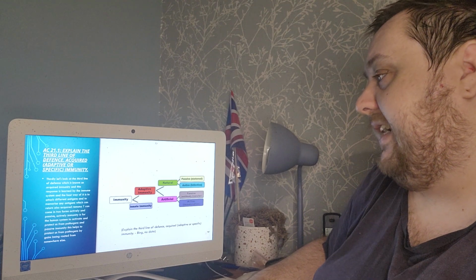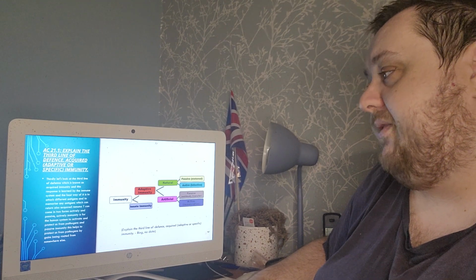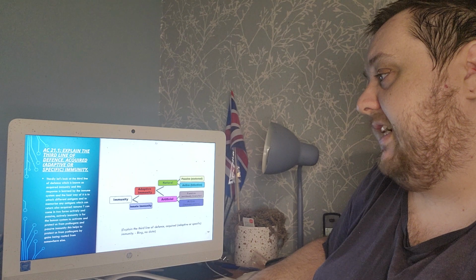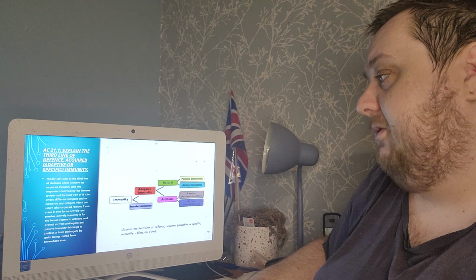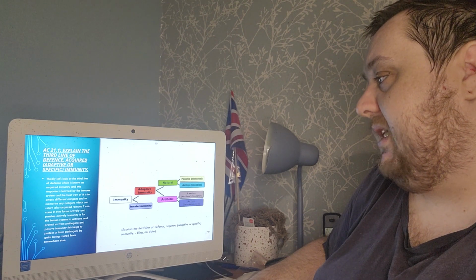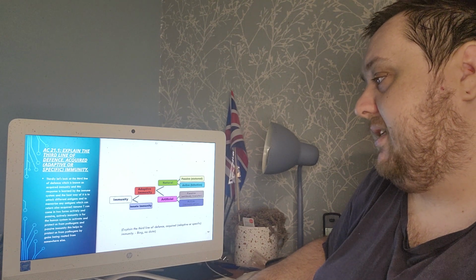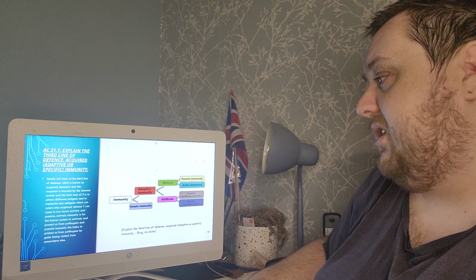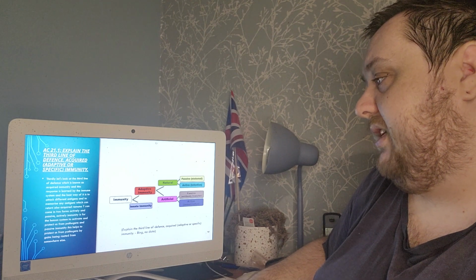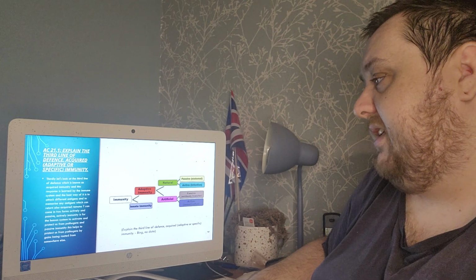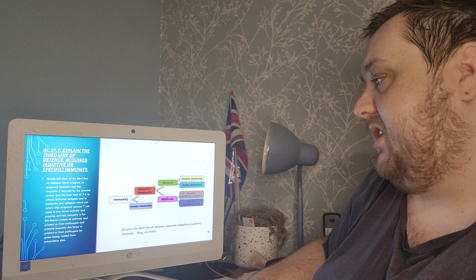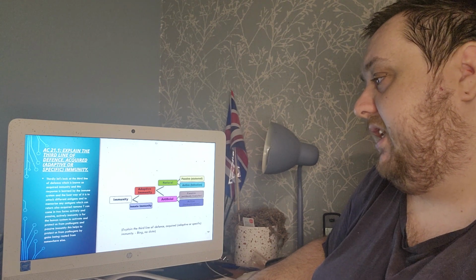Thirdly, let's look at the third line of defence, which is known as acquired immunity, and this response is learnt by the immune system. The best way is to attack different antigens and to memorize any antigens which can return.